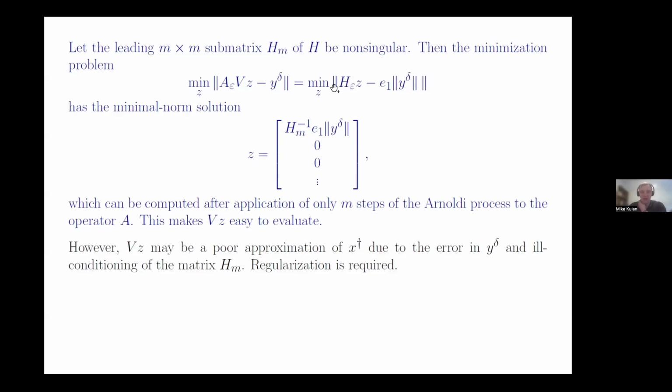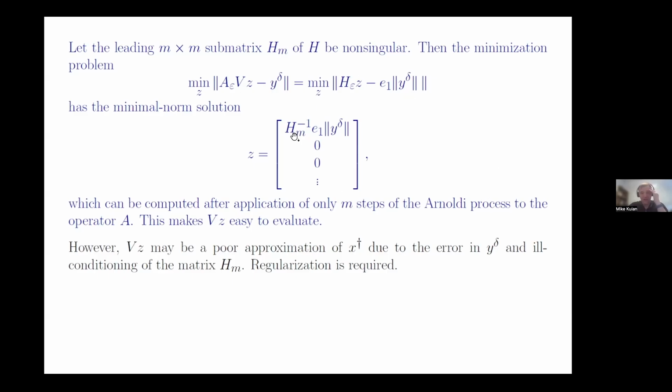So now H is relatively small. It's at least finitely dimensional, or in practice, it is a pretty small matrix. So we can solve this problem after we applied our Arnoldi process.